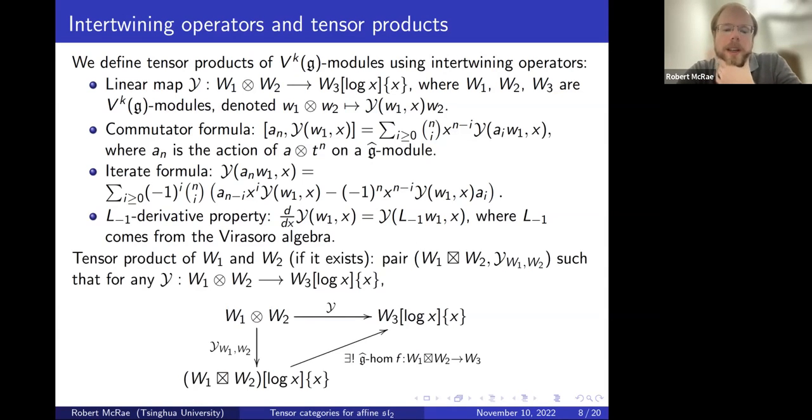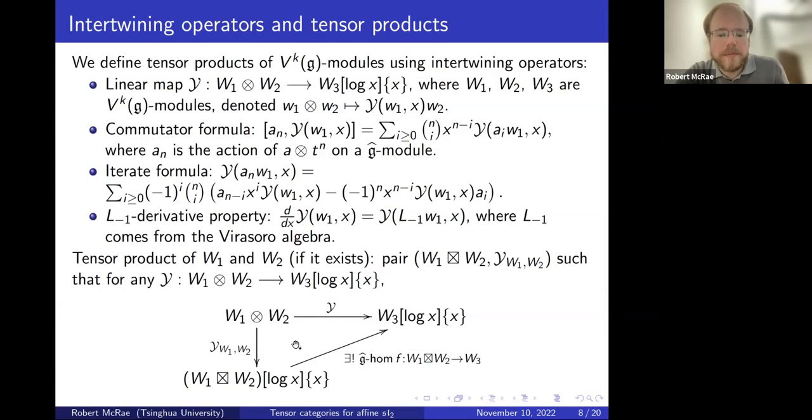And then we define the tensor product module W1 box times W2 in terms of this universal property for intertwining operators. This universal property says that if you have an intertwining operator going into W3, then that uniquely corresponds to a G-hat module map from the fusion tensor product module from W1 tensor W2 into W3.